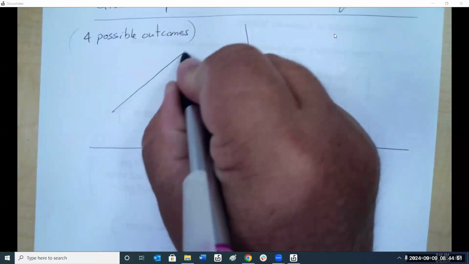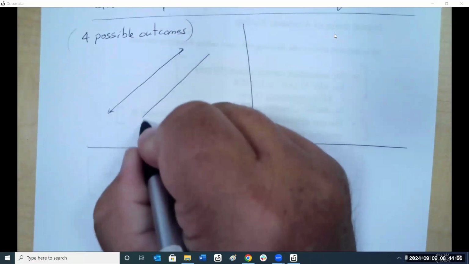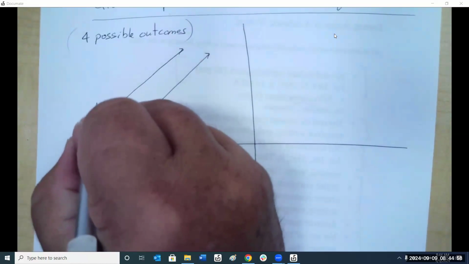Remember, you have to find an equation of a line, and I'm giving you an equation of a line. So if you have 2 lines, this is line 1 and this is line 2. 2 lines can be that way.